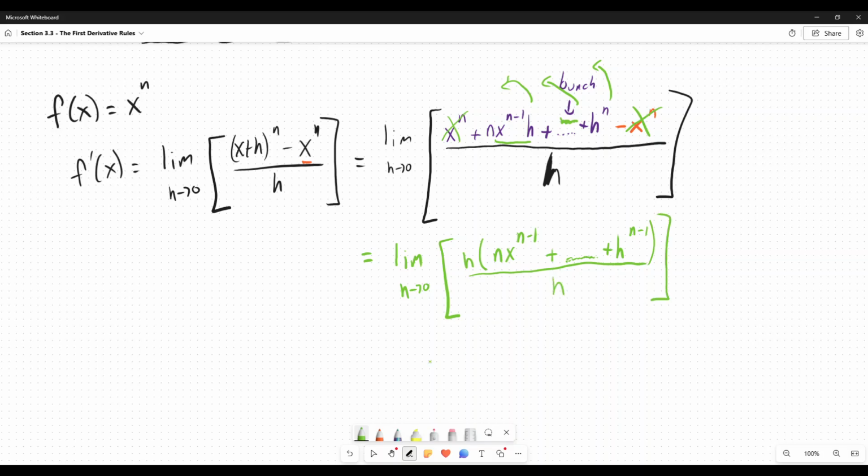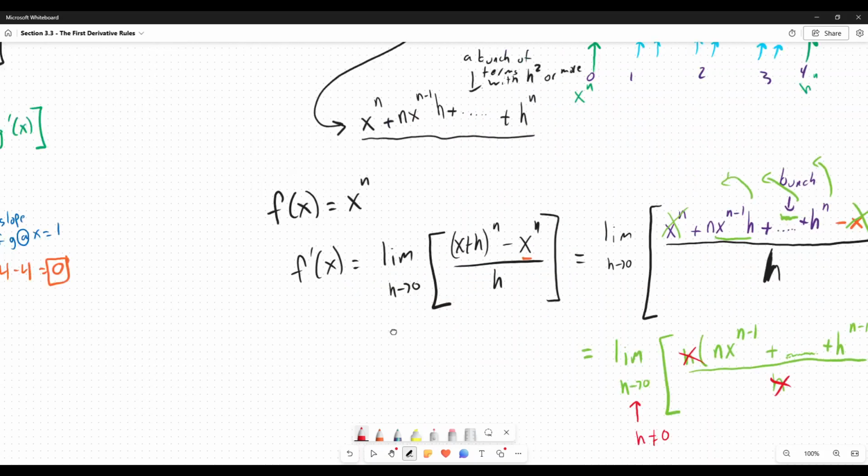And once again, we know that h does not equal 0, which means I can cancel that and cancel that. And now I have something continuous, so I'm just going to let h be 0. So this is n times x to the n minus 1 plus 0.